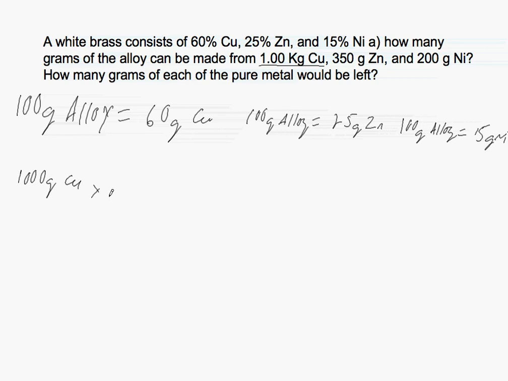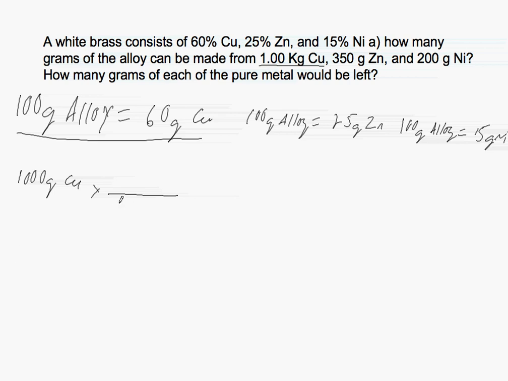If we have 1,000 grams of copper, how much alloy would it produce? Well, from our relationship, we know that for every 100 grams of the alloy we have 60 grams of copper. Remember when we were doing our factor labeling method, the thing that we want to cancel out is always on the bottom, and whatever we want to produce is always on the top, the numerator.